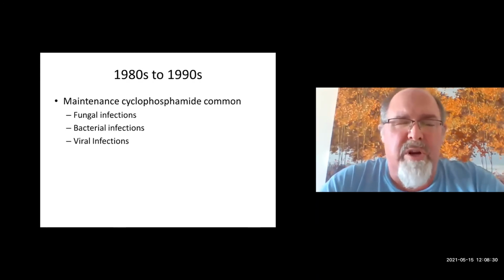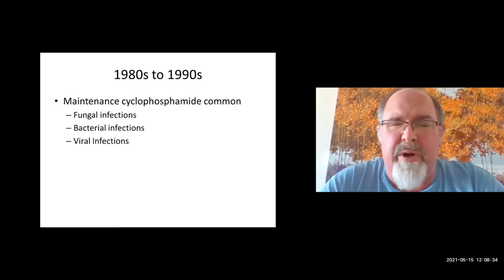So talking about infection risk, cyclophosphamide into the 90s still, and perhaps into the 2000s, was still commonly used as a maintenance agent for certainly ANCA-vasculitis. Nowadays, we would think, thank goodness, this is gone. We saw fungal infections increase, bacterial infections increase, viral infections increase. Cyclophosphamide I allude to as a sort of shotgun approach.